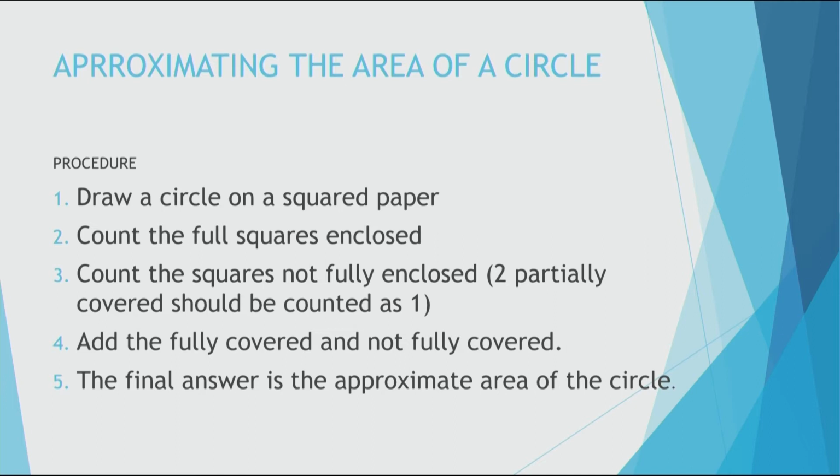What is to approximate? To approximate means to have a rough picture or a closer picture of what you want to talk about. Not the exact number, not the exact measurement, but just close to the measurement. That is approximation.